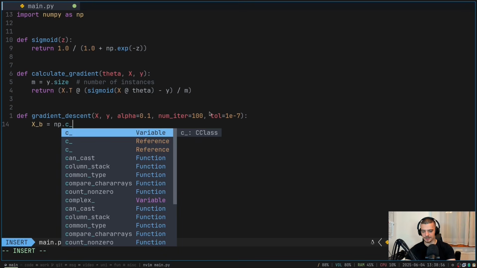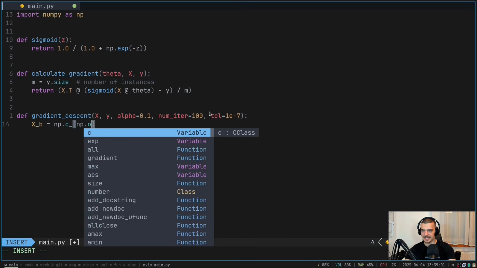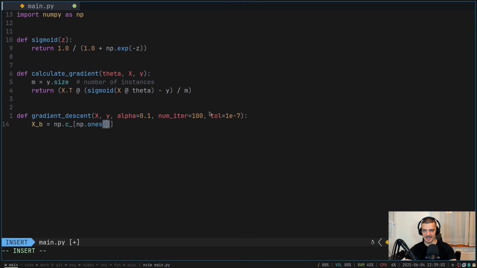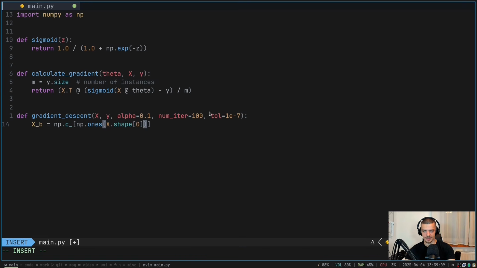numpy.c_, concatenate essentially, and we're going to prepend np.ones. So we're just going to add a bunch of ones. And the shape is going to be x.shape[0].